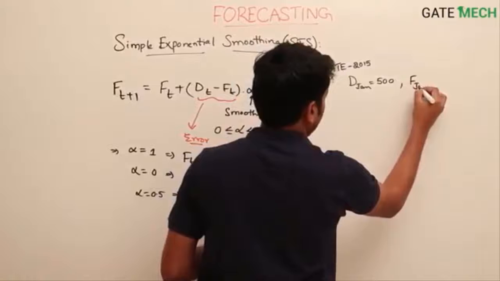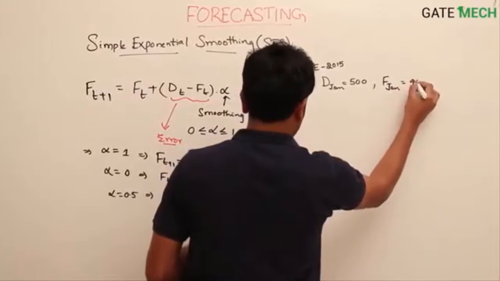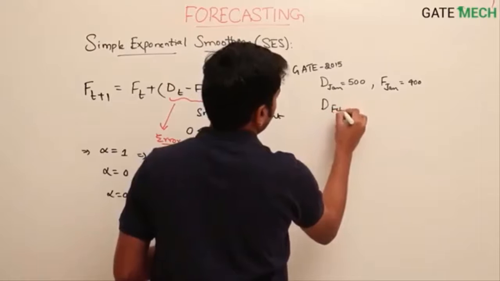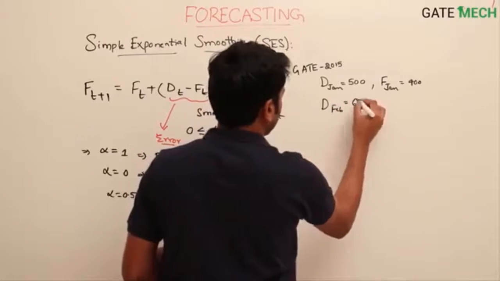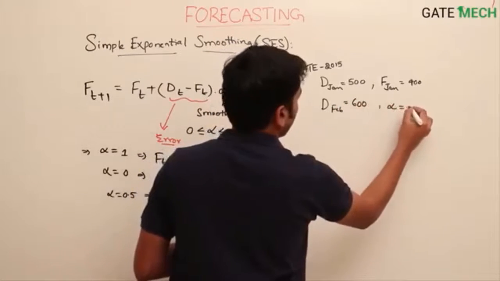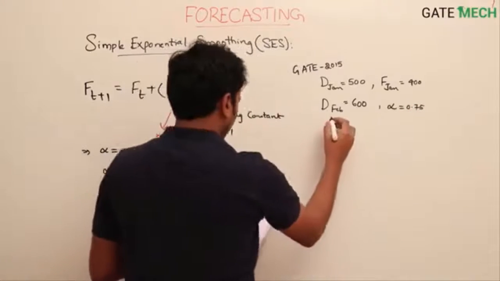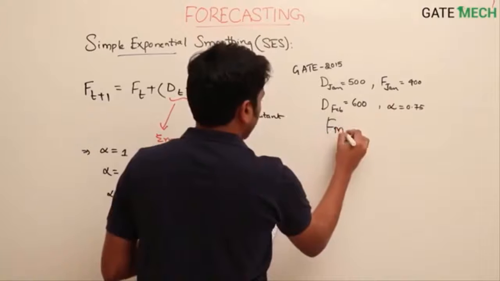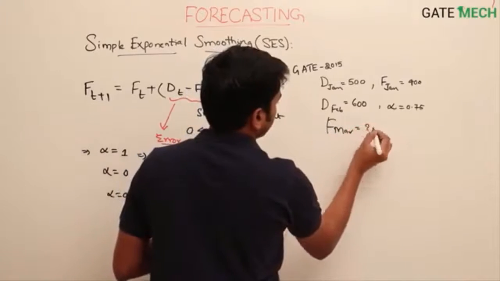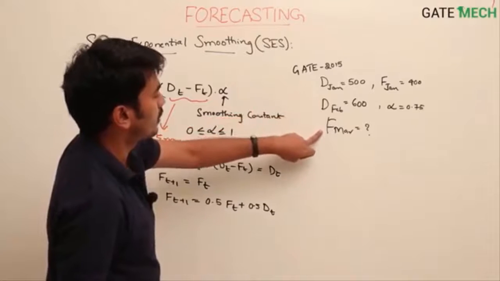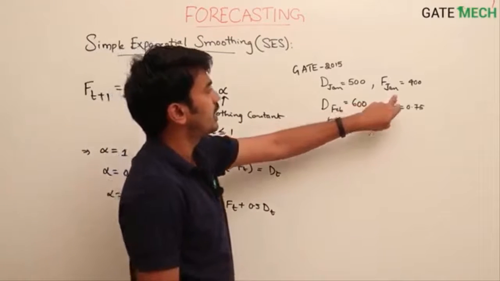The forecast for January is given as 400, and the demand for February is given as 600, and the smoothing constant alpha is 0.75. We need to find the forecast for March. So demand for January and February is given, and we need to find a forecast for March given the forecast for January.